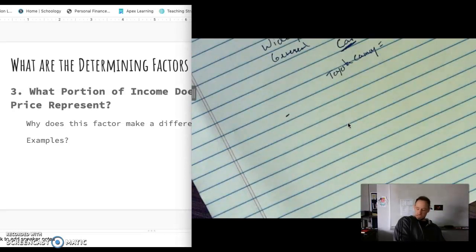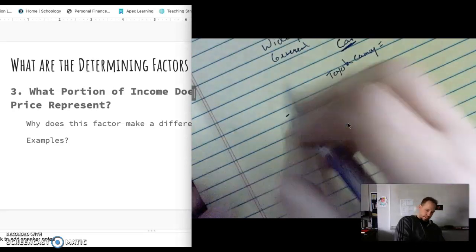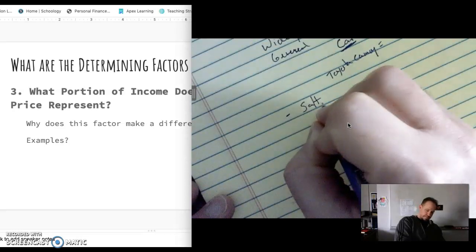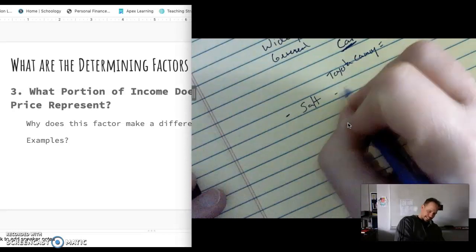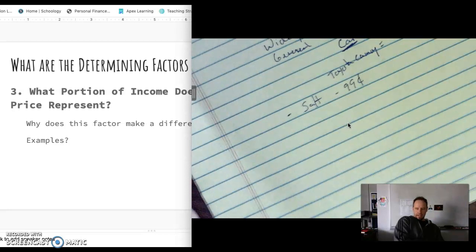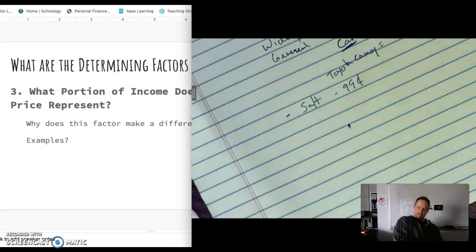I went and picked up a thing of salt, and it cost me 99 cents. I'm not rich, but 99 cents is not something that is really going to put me out. It's a very small portion of my monthly budget.